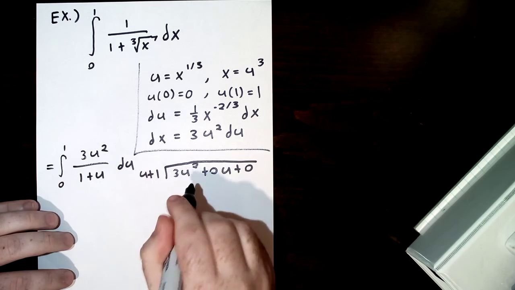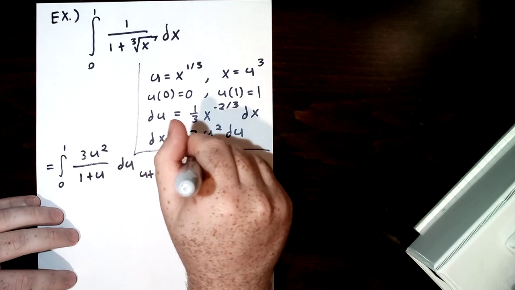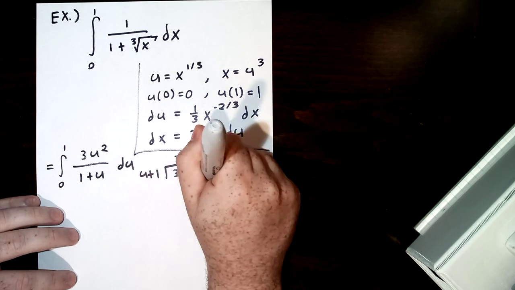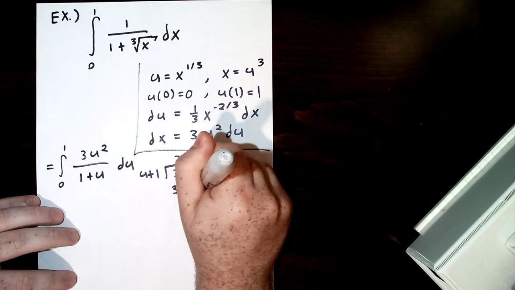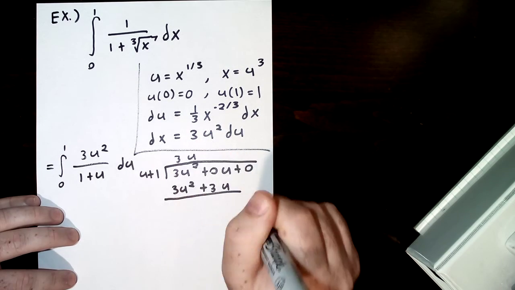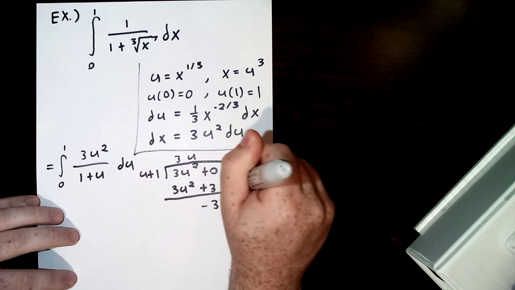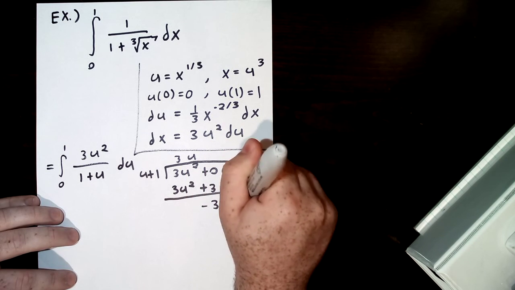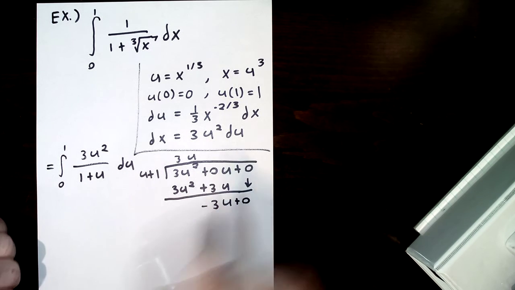So u goes into 3u squared, 3u times, then we get 3u times 1 is 3u, and then we have 3u squared. Go ahead and subtract both sides, and we obtain negative 3u, and then don't forget to bring down that 0. And then we have u goes into negative 3u.